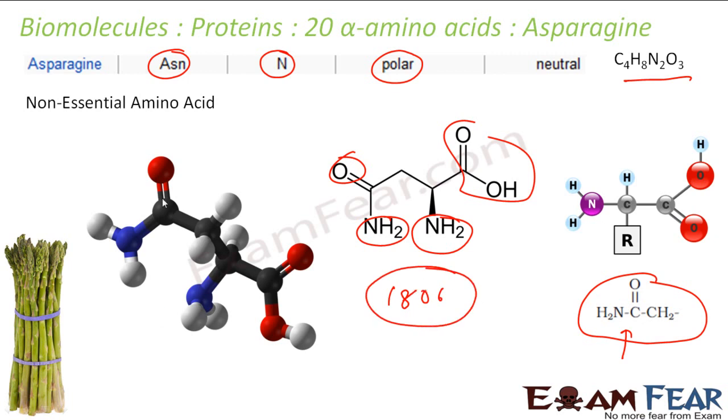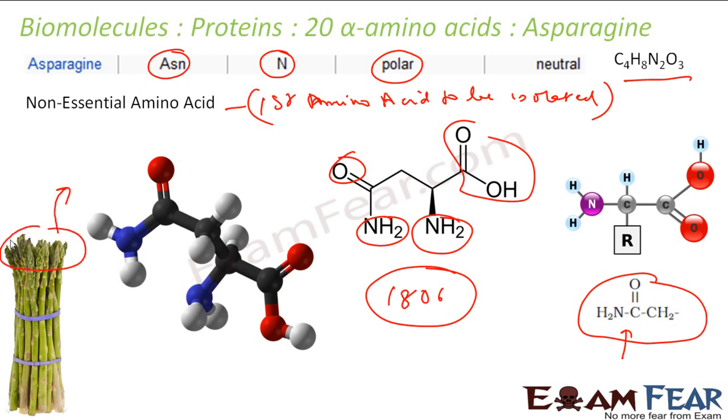Correct? So it was first isolated in 1806 by French chemists Louis and Perret. This is the first amino acid to be isolated. Please note, this is the first amino acid to be isolated. And this was isolated from asparagus juice, and that is why it is called asparagine. As I told, the name of these amino acids depends a lot on the source from where it was found or on its physical or chemical properties.